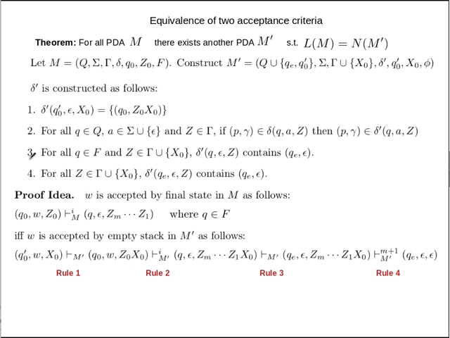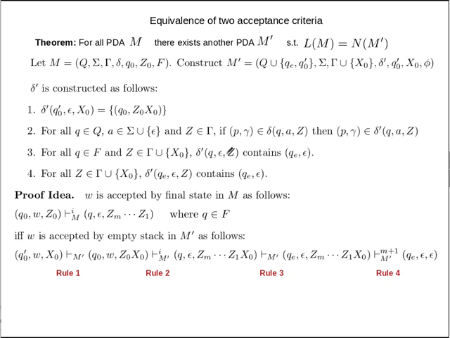Now here comes rule 3. This is how we construct delta prime. If q belongs to this set of final states, then for any stack symbol in M prime, because you see it also contains this X0, it makes an epsilon transition. And what does this transition do?